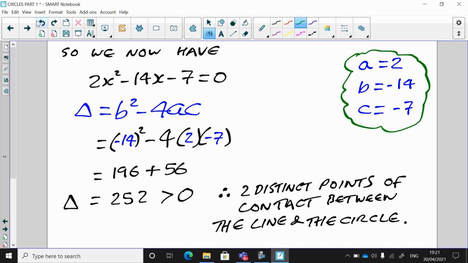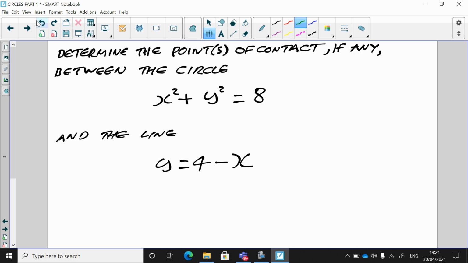Right, okay. Let's move on. We're going to go for another one here. But do you notice in this question, they're saying determine the points of contact. They are actually asking for specific points, which means coordinates. And they wouldn't be asking you this question if there wasn't any points of contact.